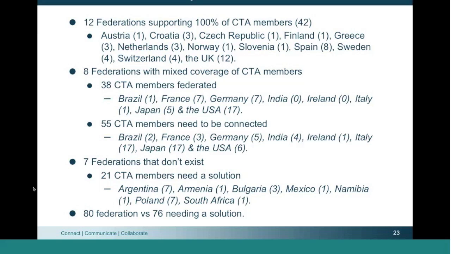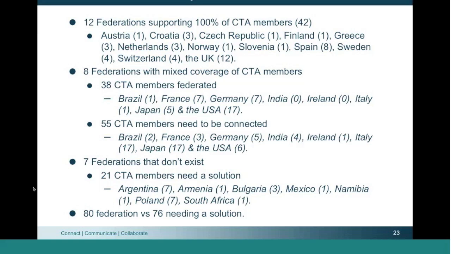Italy and Japan equally have 17 participant institutions that aren't part of their identity federation. Now, because of the structure of INFN, the situation may be better than this assessment shows, because of the way that organisation is structured and listed as participating in CTA. But that would require some further analysis in that regard.